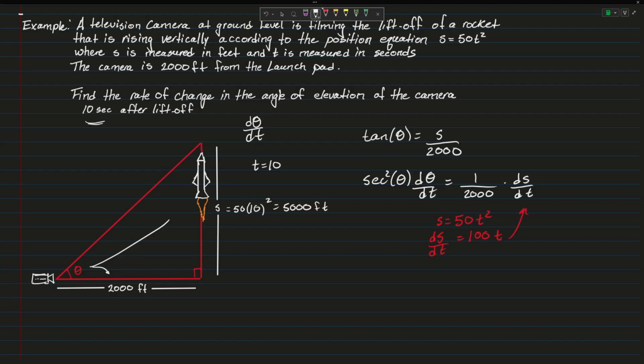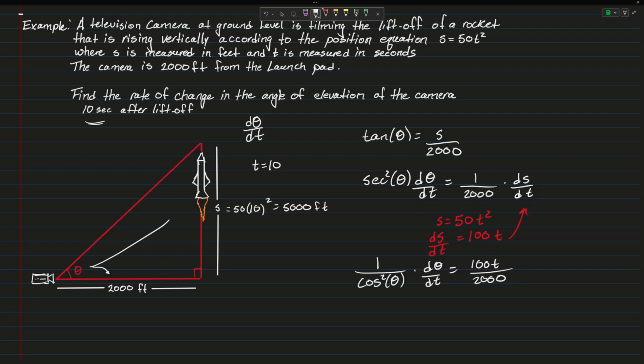Okay. In order to start to make things simpler, I'm going to change secant into 1 over cosine. So this is 1 over cosine squared of theta times d theta dt is going to be equal to 100t. I'm sorry, 100t over 2,000.